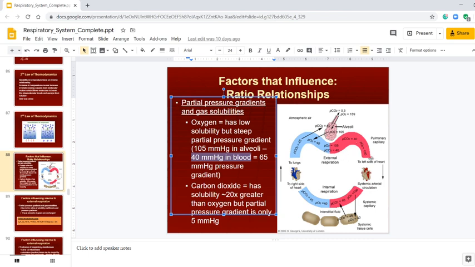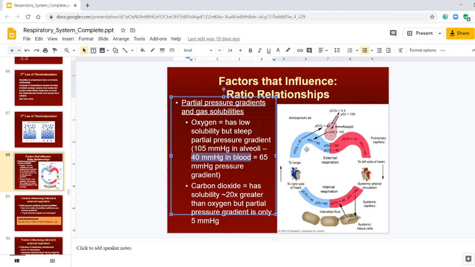As that is carried through, once it reaches a tissue that uses the oxygen and needs the oxygen, that oxygen gets exchanged. The oxygen goes in, the carbon dioxide comes out, and now we have essentially deoxygenated blood that needs to travel back to get reoxygenated.